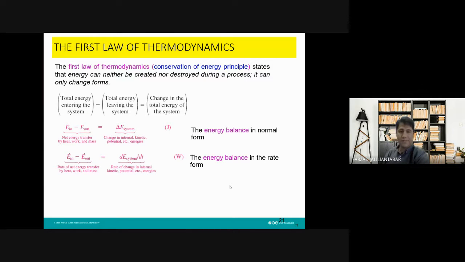That was just a simple introduction, and I think most of it was already familiar to you from your schools and also from previous subjects. Now, as you know, we have a relationship between thermodynamics and heat transfer.